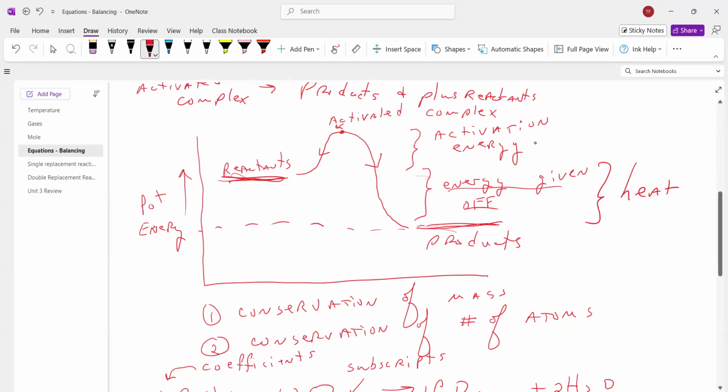Now, to get this to happen, it just doesn't happen spontaneously, unless you have something like trinitrotoluene, TNT. Then all you need to do on that is shake it a little bit and kaboom. Nobel invented dynamite.